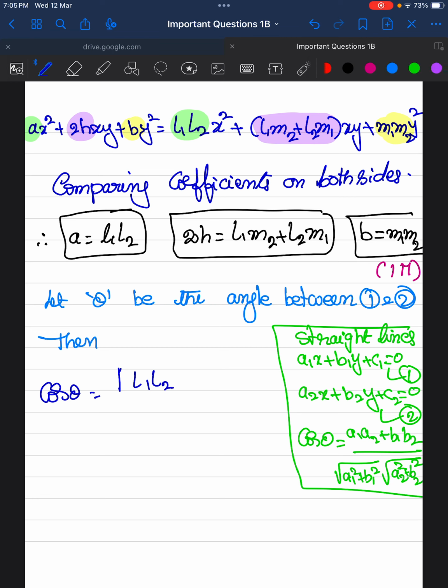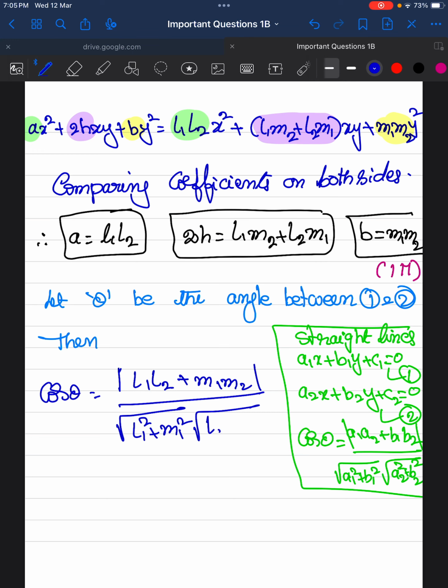Okay, for theorem cos theta is equal to modulus, angle, acute angle if you consider, it will be modulus L1 L2 plus M1 M2 by root A1 square plus B1 square means L1 square plus M1 square, root L2 square plus M2 square we will get. Is it clear for everyone? So cos theta is equal to L1 L2 plus M1 M2 by root L1 square plus M1 square root L2 square plus M2 square.